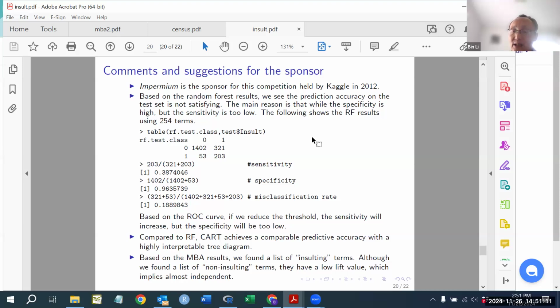But the specificity is high, which means that for those neutral comments, we actually predicted most of them as neutral comments. So that's why the specificity is high. So that means it's difficult to identify those insulting comments.